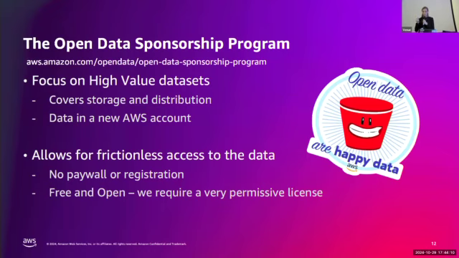And the egress is the cost that is associated with data going out of the cloud. So this is completely free. And the main principle of the program is that no paywall or registration should be required to access the data, except in the case where there is protected health information, where we have more stringent rules.